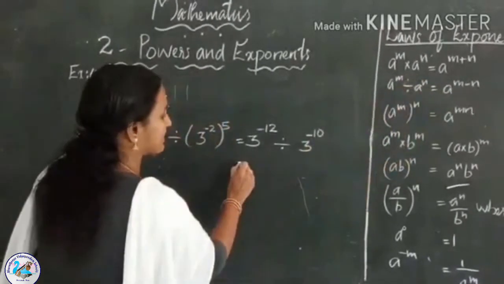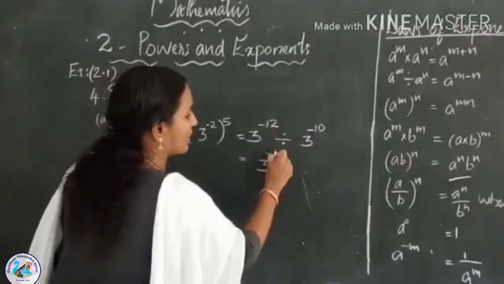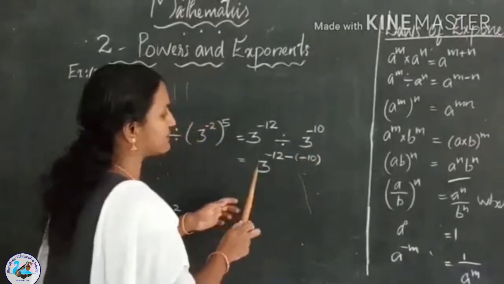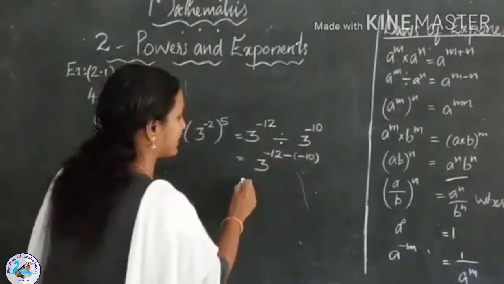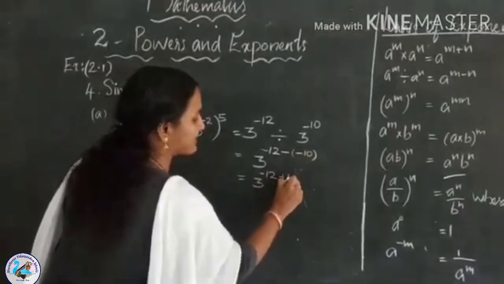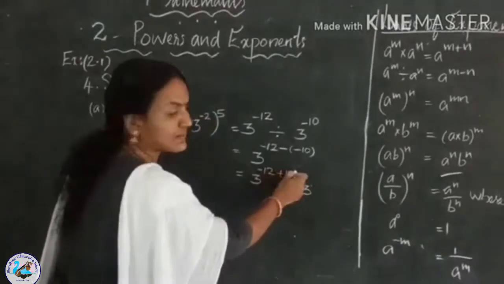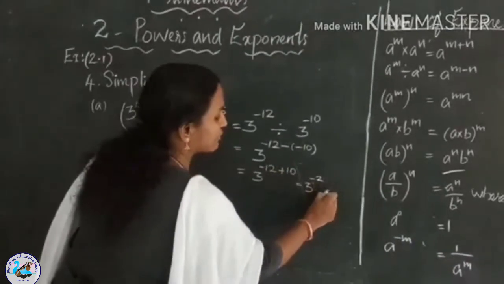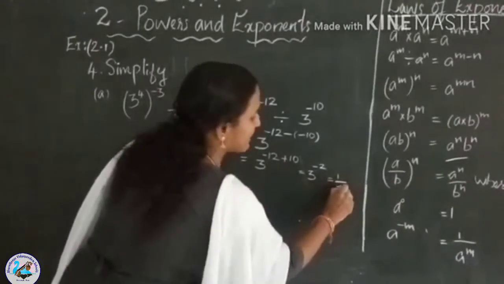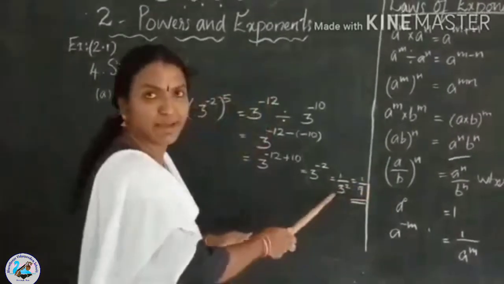The same way, here the bases are same, 3 raised to, subtract the powers, minus 12 minus of minus 10. 3 raised to minus 12 minus of minus 10 is equal to 3 raised to minus 12, minus into minus plus 10, is equal to 3 raised to minus 12 plus 10, minus 2. 3 raised to minus 2, a power minus m is 1 by a power m. So 1 by 3 square is equal to 1 by 9. The answer is 1 by 9.